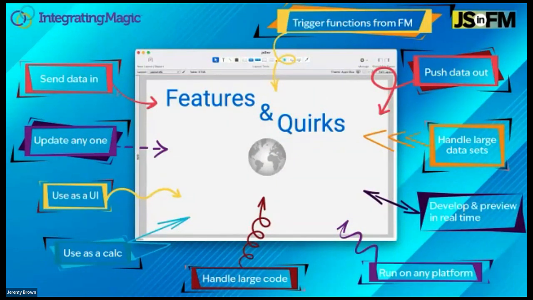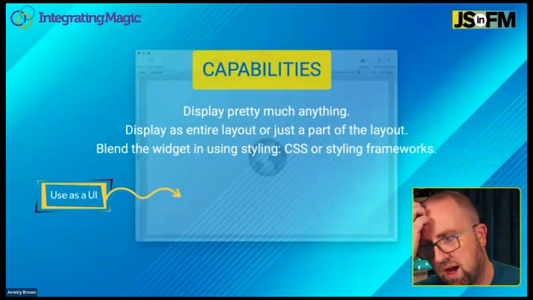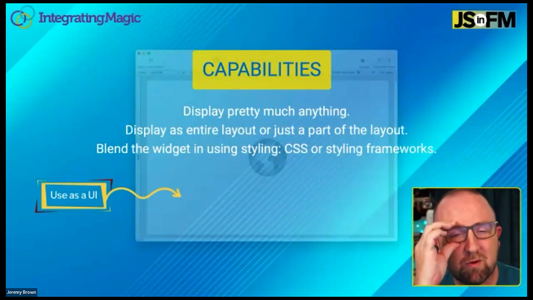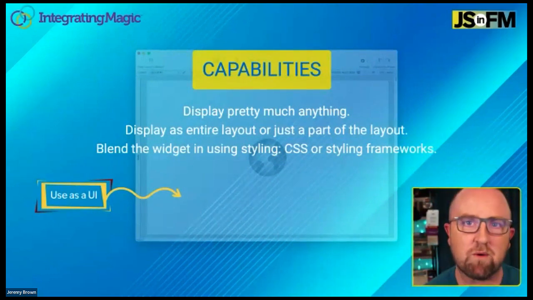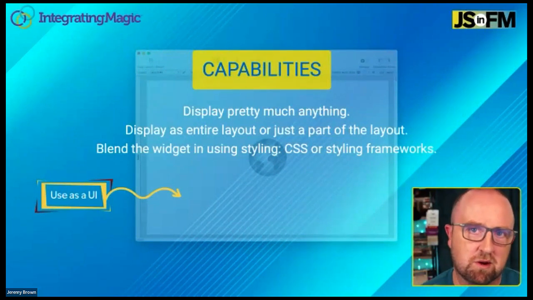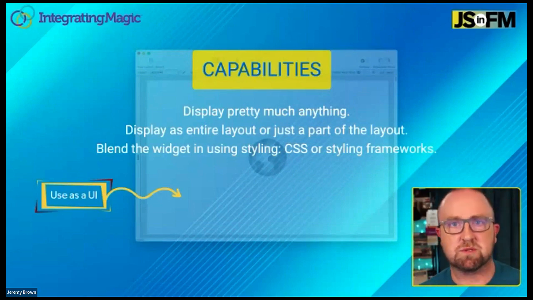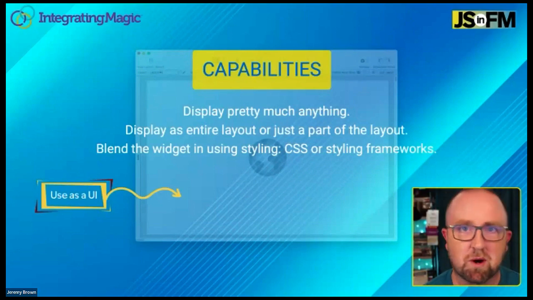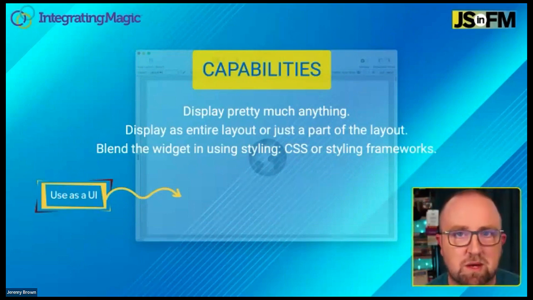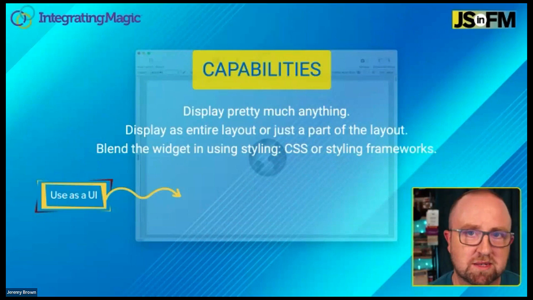So the first one is using it as a UI. The WebViewer is a powerful object in FileMaker because it can produce any UI that we want it to produce, that we are able to develop inside of it. It's a browser. It has all of the functionality of the websites that we go to every single day, all of the possibilities of features in those.